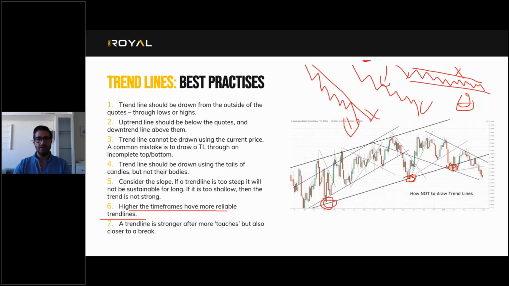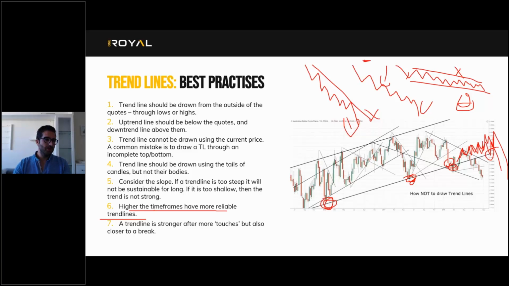But also this could be a close, or we could be closer to see a breakout to the downside. So the more touches make it stronger, but also there will be a huge probability that we will see a breakout.